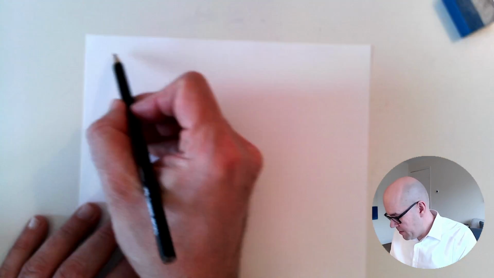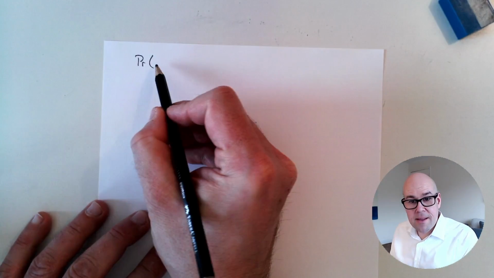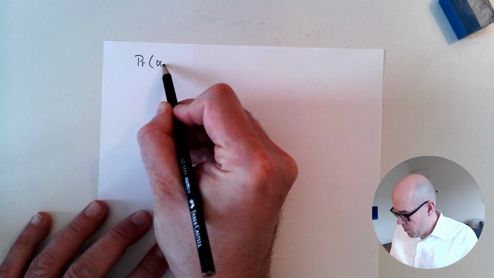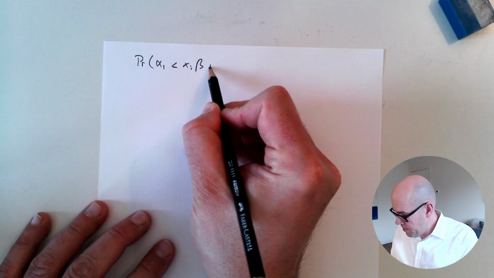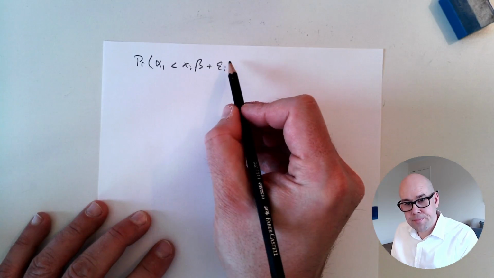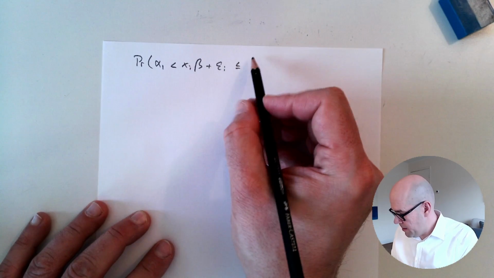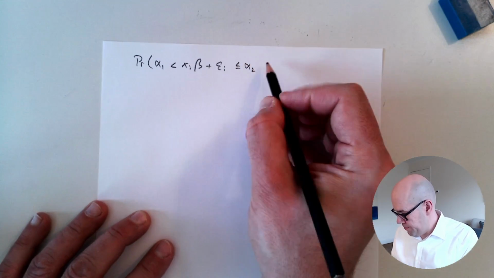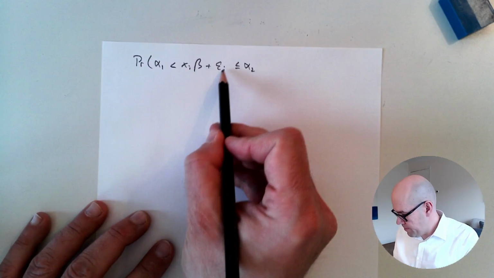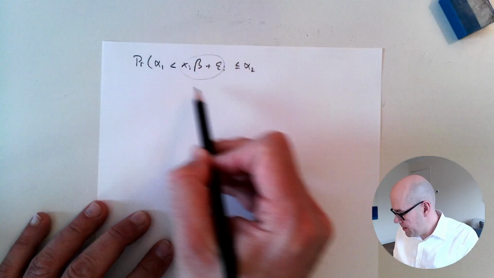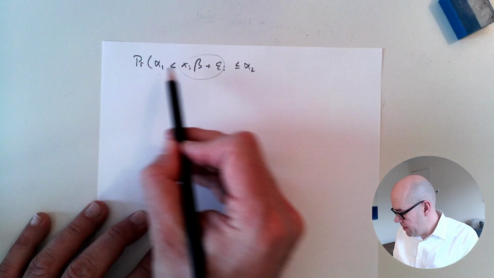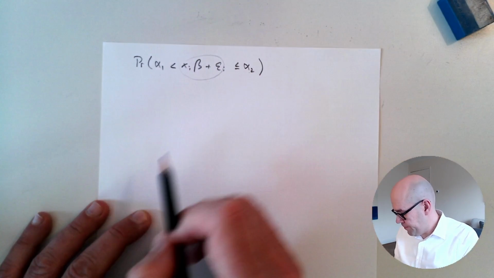Good. So I'm after the probability that alpha 1 is less than xi beta plus epsilon I is less than or equal to alpha 2. So this is the probability that the latent index falls in between alpha 1 and alpha 2.